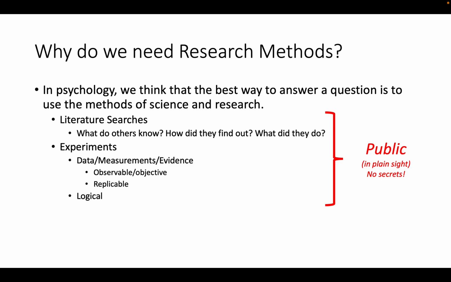So that's why we need research methods. We have questions for which we don't know the answers, and we want a way, the best way, to answer that question, which are the methods of science. In psychology, there are some particular, maybe even peculiar ways in which we conduct research, but we'll get to those little nuances when we get there.